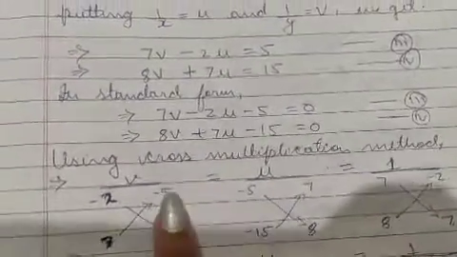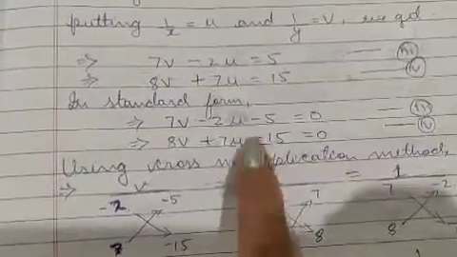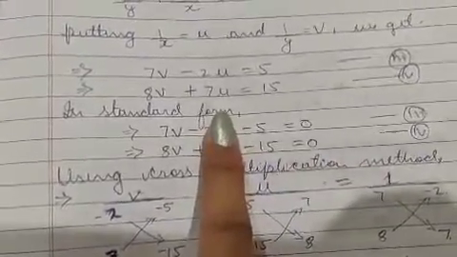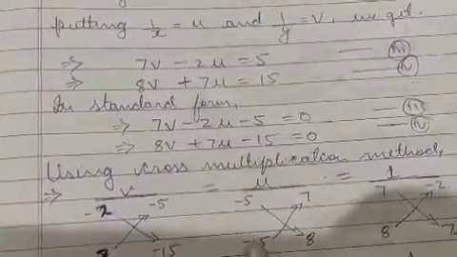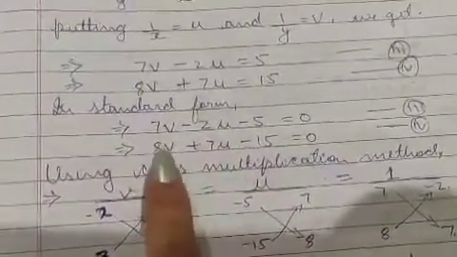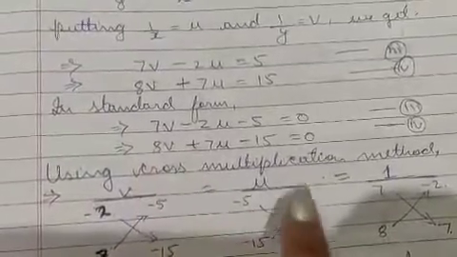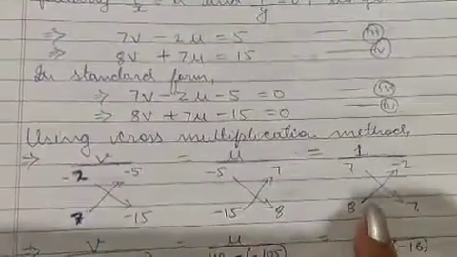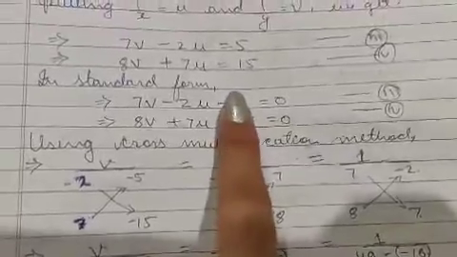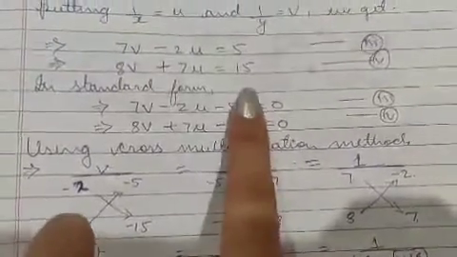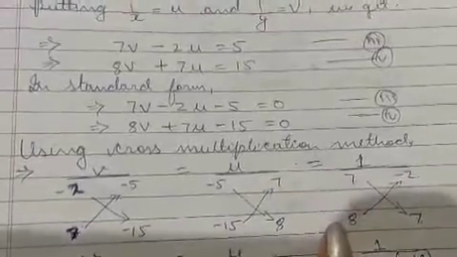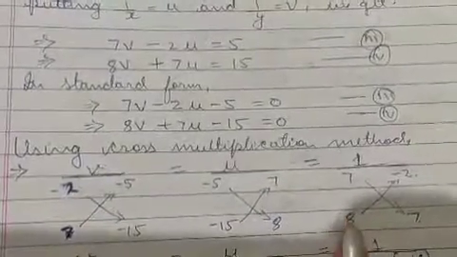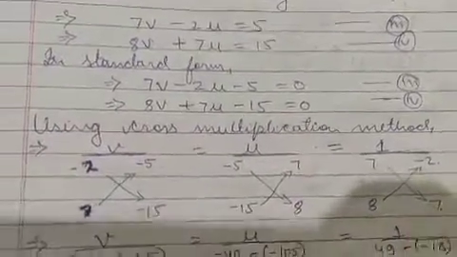For u, this will be carried here: minus 5 and minus 15 with the coefficients of v, 7, 8. Now for the constant term, leaving this, 7, 8: the coefficients of the first variable, and then minus 2, 7, the coefficients of the second variable. Now cross multiply it.